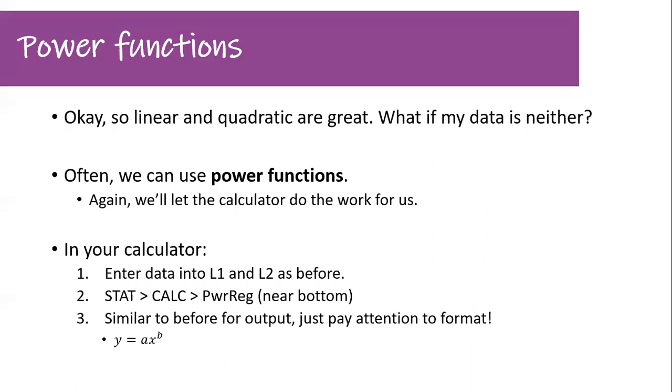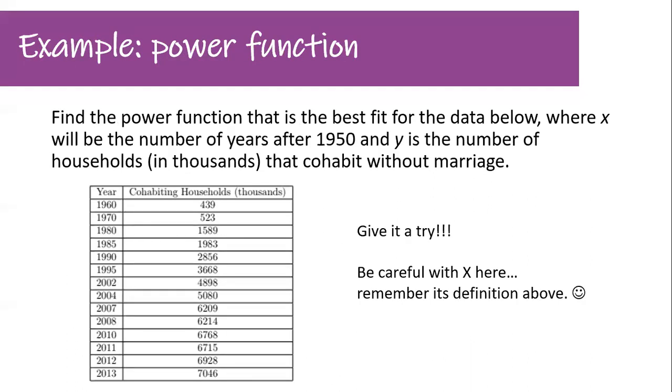The output is going to be very similar as before. Just pay attention to the format. Now you don't have any pluses or anything like that. You just have a formula of A X to the B. So it's going to give you A and it's going to give you B, and that is going to be the format of your answer. You'll plug the A in, you'll plug the B in. Let's look at an example.